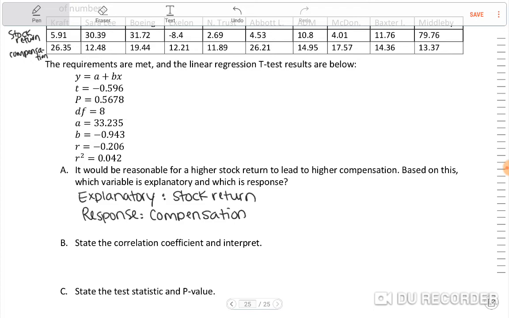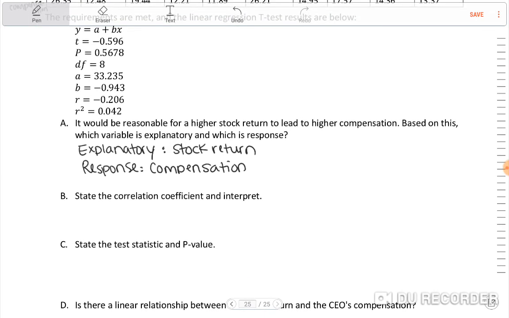State the correlation coefficient and interpret. So correlation coefficient, that's your R. R equals negative 0.206. Okay. This is a weak negative linear relation between the variables. Weak negative linear relation here.